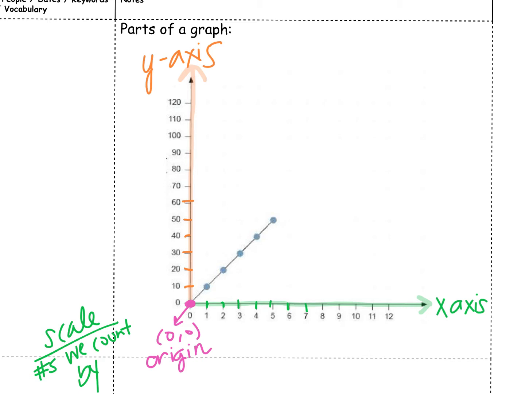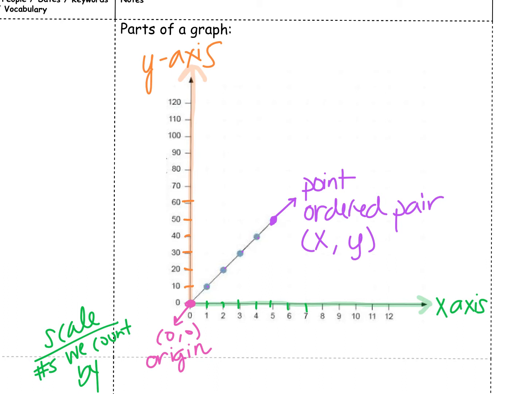And then you'll notice we have 1, 2, 3, 4, 5 different points. This is a point. More importantly, we would call it an ordered pair because it holds information in x, y form. Ordered pairs always go x, y. It's alphabetical.